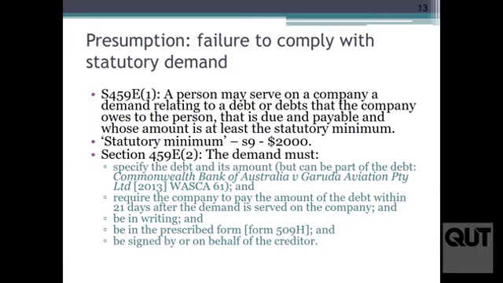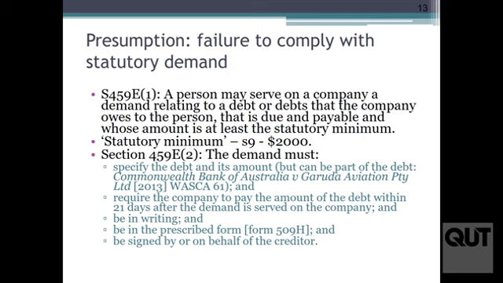So let's start looking at the statutory demand process, because this is the presumption of insolvency that's most often used. As I said in the last podcast, the most important presumption under section 459C(2) is where a company has failed to comply with a statutory demand, section 459C(2)(a).